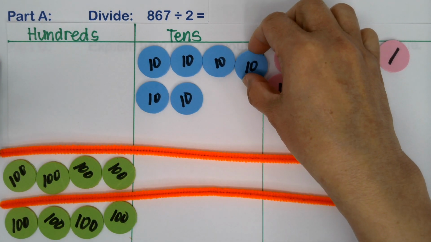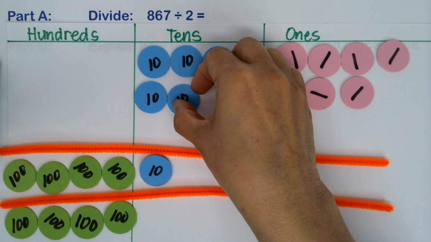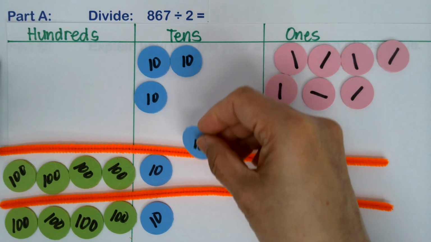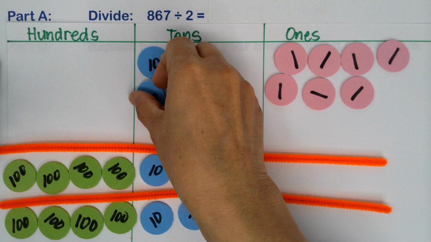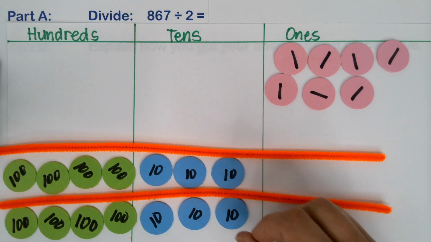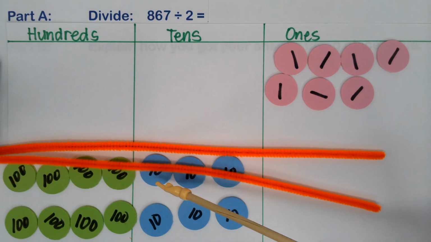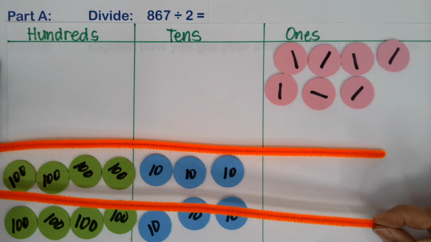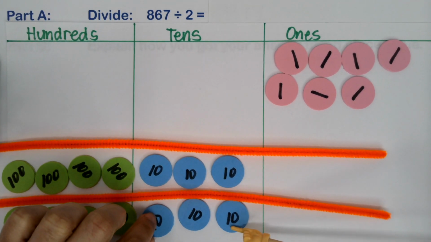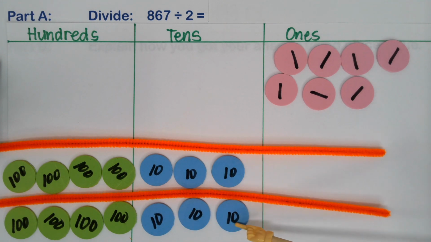Then we also divide the tens. And each group gets 3 tens. So 1, 2, 3, 1, 2, 3.